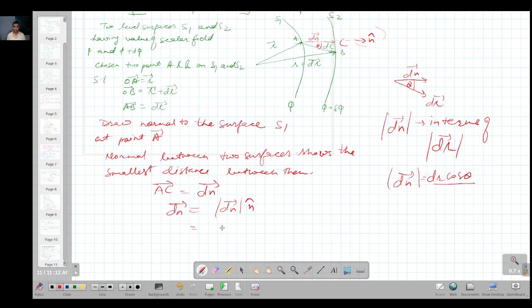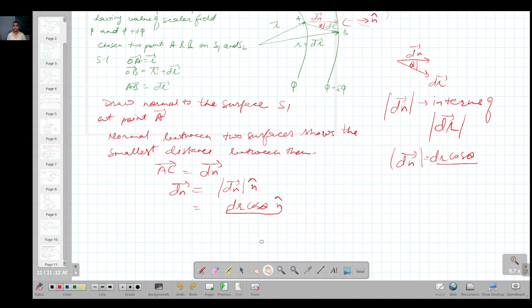So I can write it as dr cos theta n cap, and this is like a dot product. If I recall the definition of dot product, it can also be written as dr vector dot n cap, right?